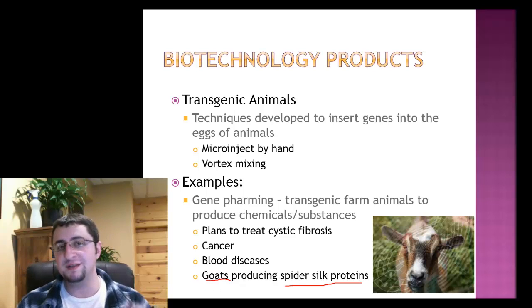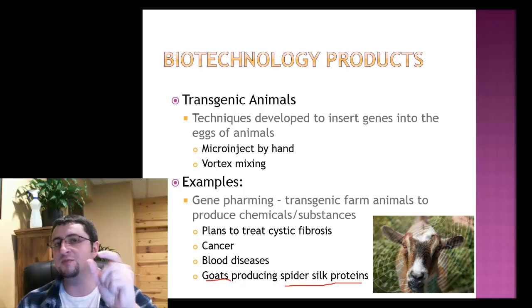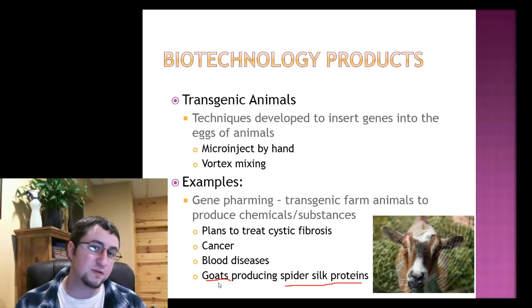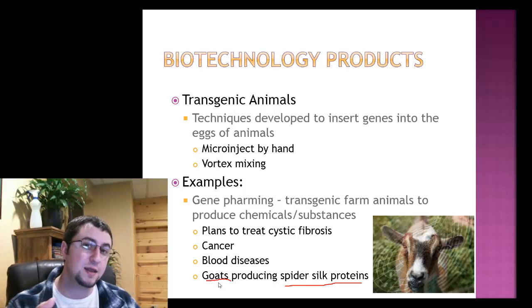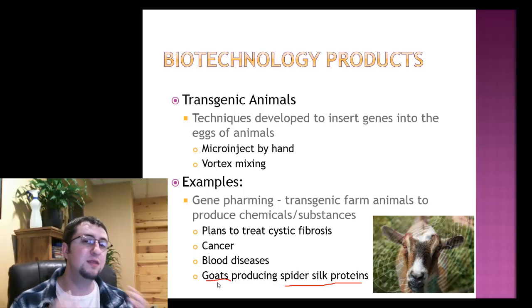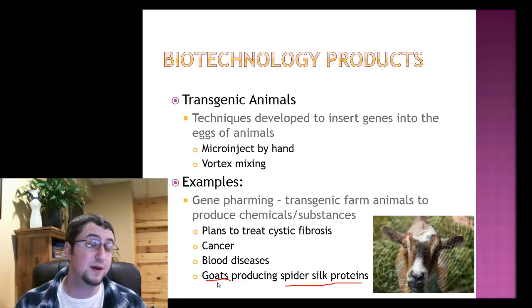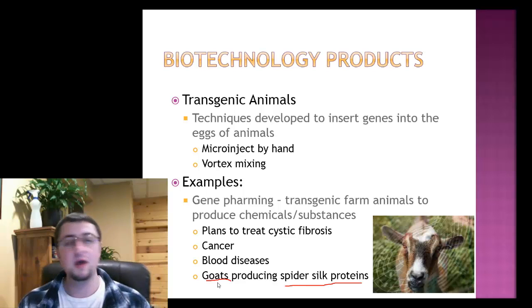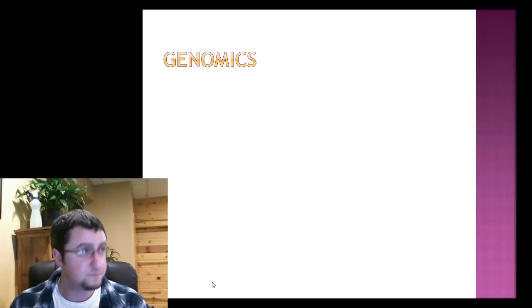So what we've done is isolate the little protein for making spider silk, and we stuck it in goats. And now when goats make their milk, that little protein is produced in their milk. We can isolate the protein, and thus we can artificially make spider silk. Really cool thing that we're doing with transgenic animals.